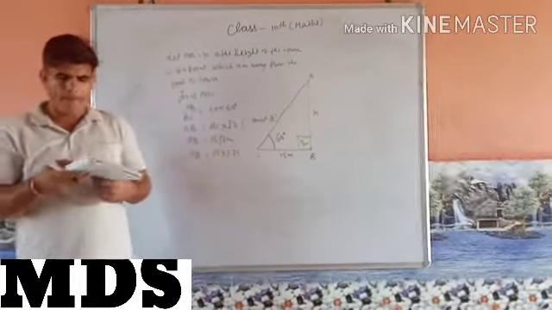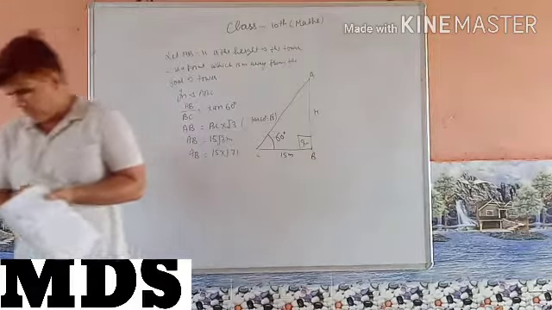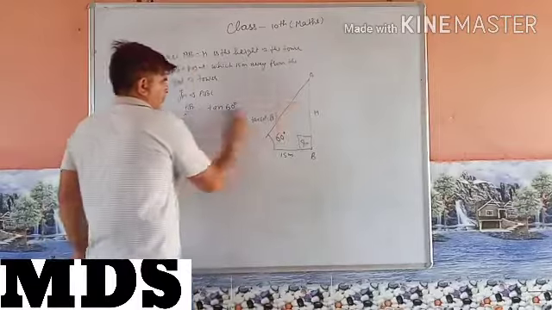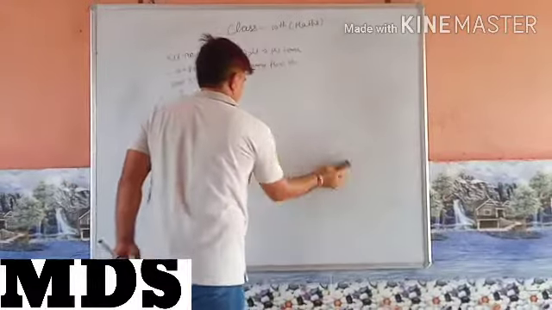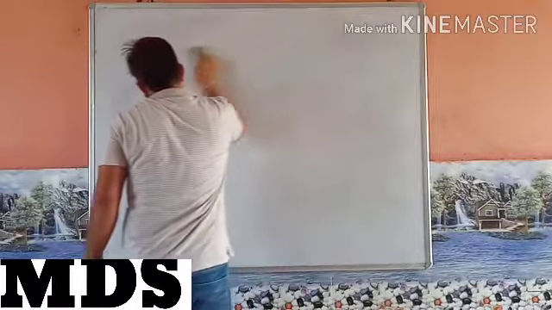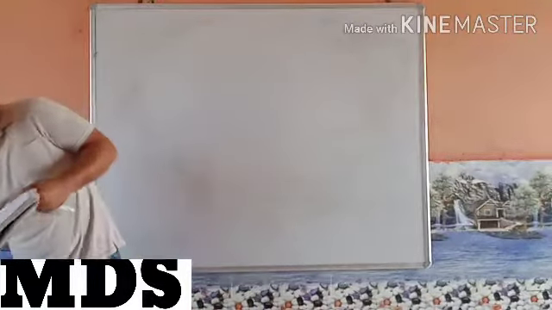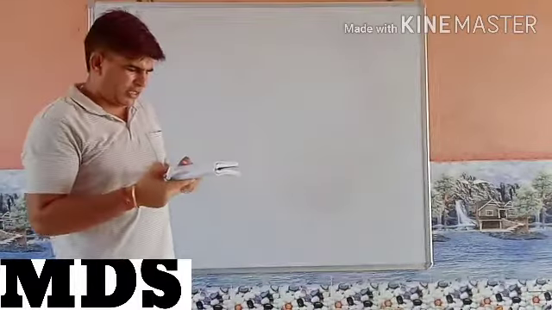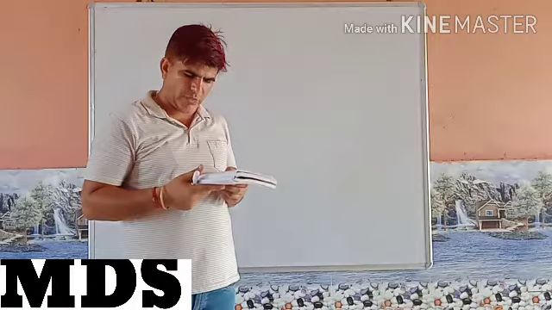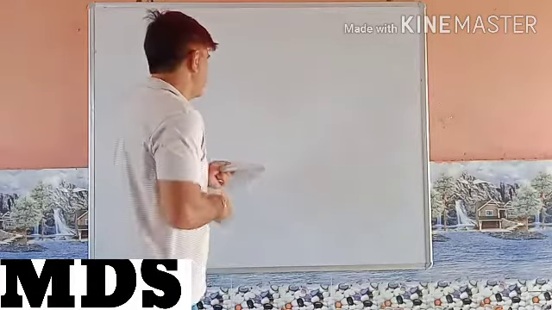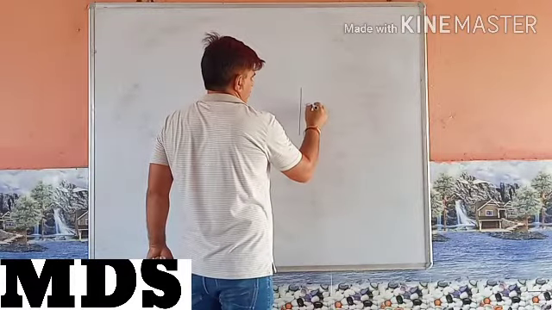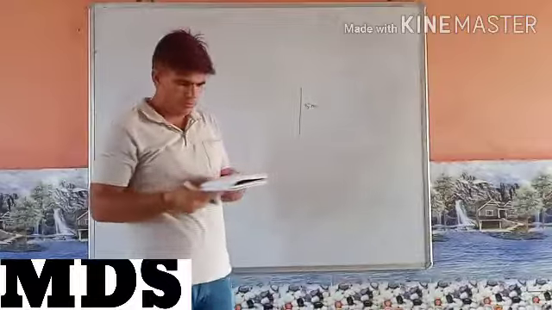Example number 2. An electrician has to repair an electrical fault on a pole of 5 meters. What's the height of the pole? 5 meters. This is a 5 meter high pole.